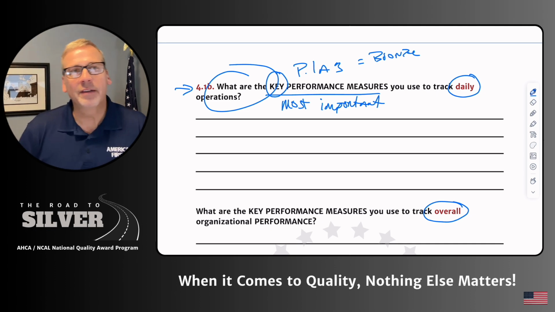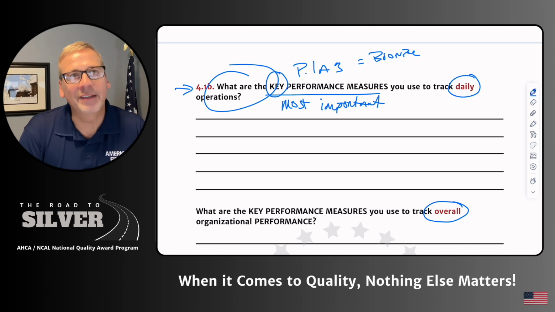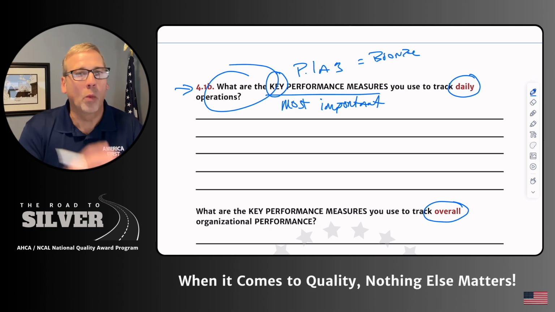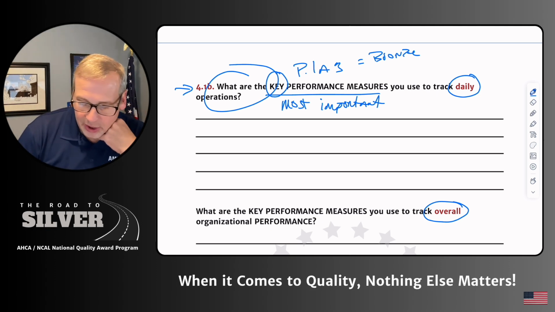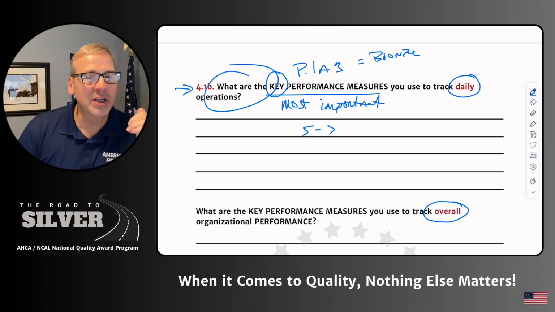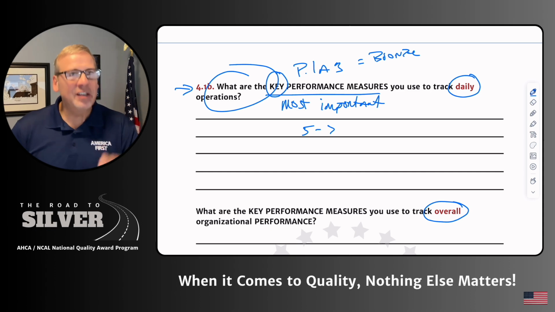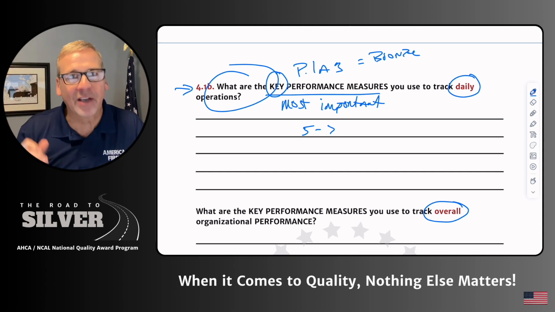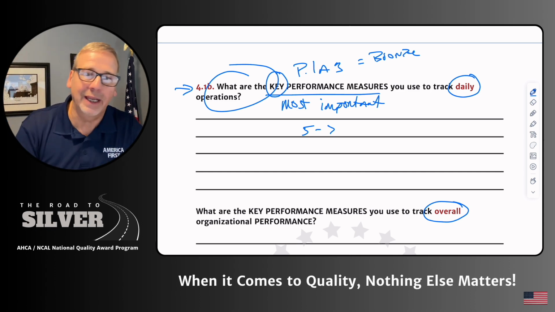The truth is, as an examiner, I'm looking for a pretty good list of examples, like a wide list, and maybe 5 to 7 is a pretty good number at the silver level. 5 to 7 key performance measures that you're using to track daily.